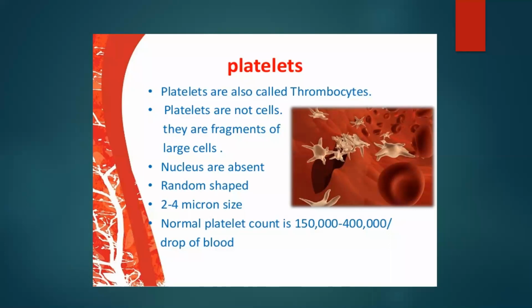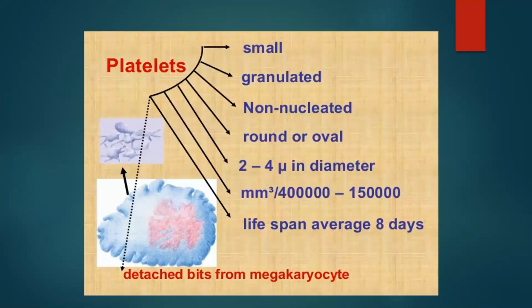Next we'll do the same thing, but as a quick recap of what we did. Size is very small, and granulated means granules are present in the cytoplasm of these blood platelets. Small granules means small particles in the cytoplasm. Then non-nucleated.